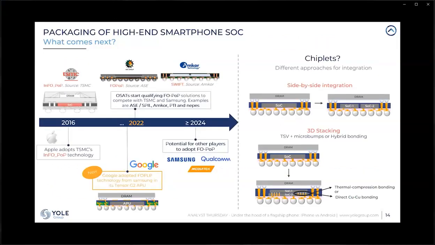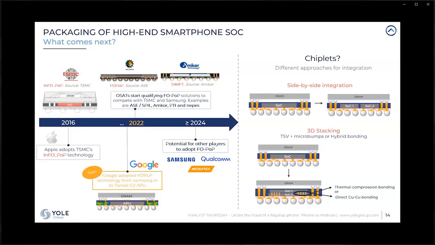But of course, until this moment, we have TSMC supplying Apple, and we also have Samsung supplying Google with fan-out. And because of the main drivers for fan-out, we believe that fan-out will be adopted by other OEMs in the future. And these OEMs could be Samsung, Qualcomm, MediaTek, or even others.